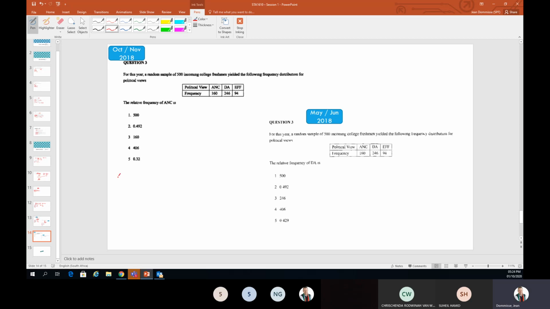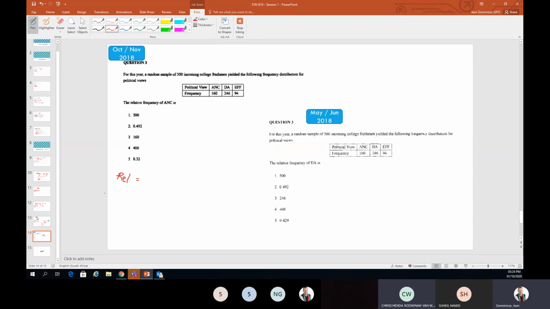So if I needed to say relative frequency, yes. The relative frequency is the frequency of the class divided by the n, so all the numbers together, if I remember correctly. Yes. Perfect.